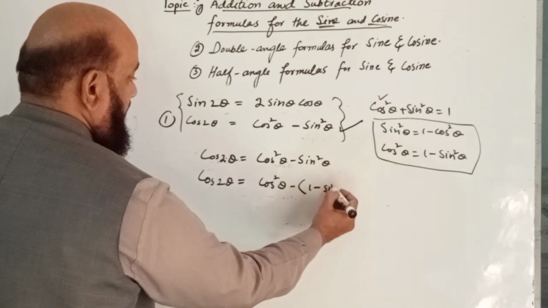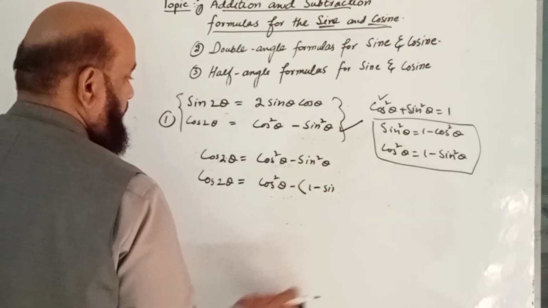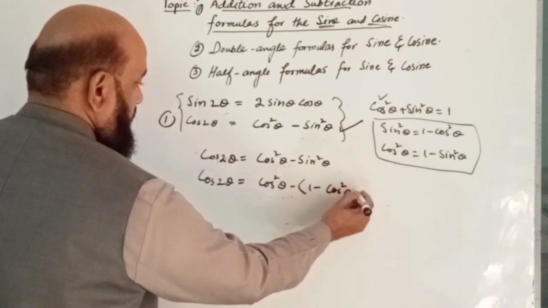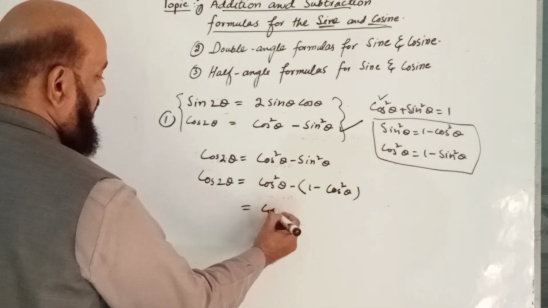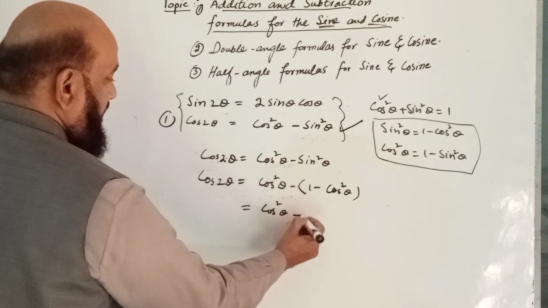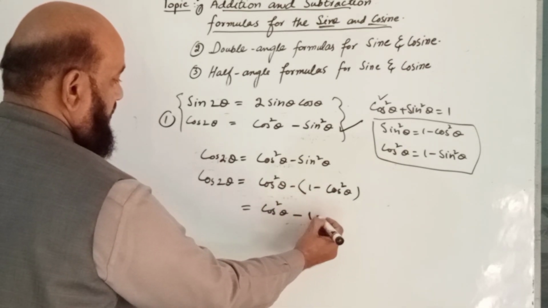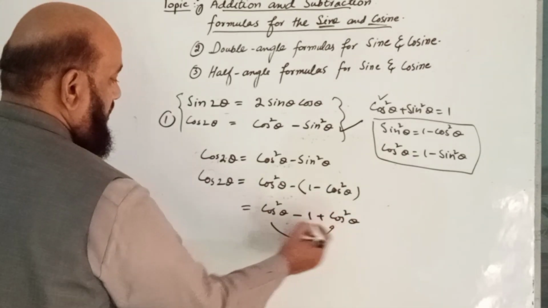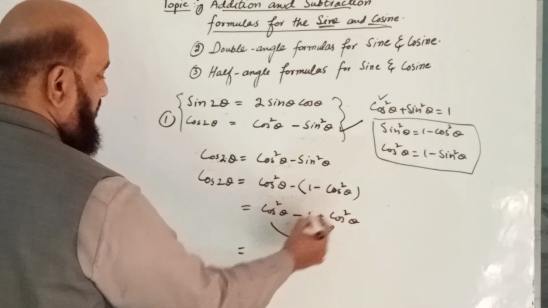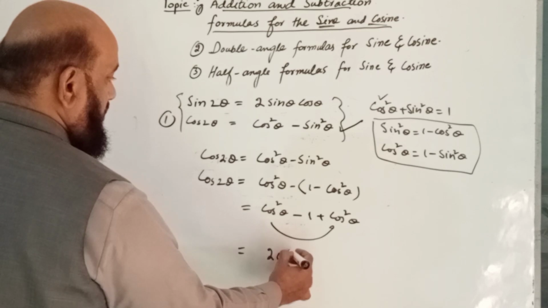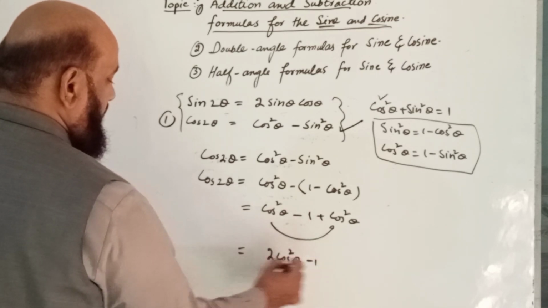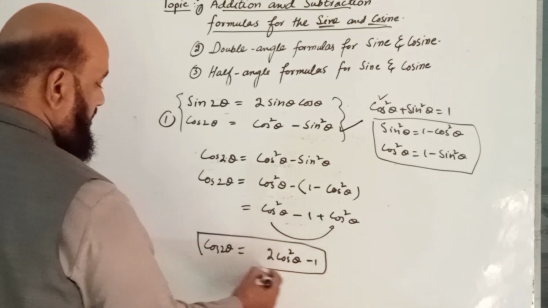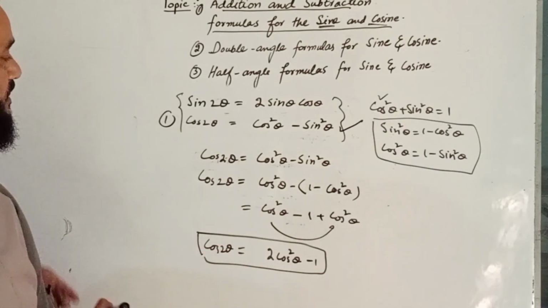Put the value here, 1 minus cos square theta. After solving it, we get cos square theta plus cos square theta minus 1. Now adding these two, we get 2 cos square theta minus 1. Another double angle identity of cos 2 theta gives us cos 2 theta is equal to 2 cos square theta minus 1.